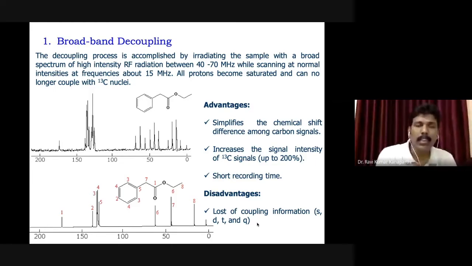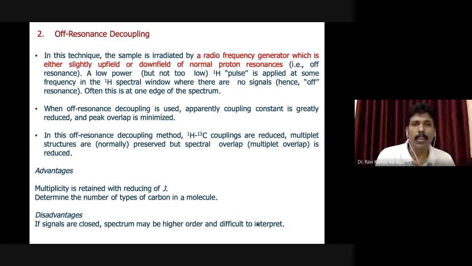So the other technique is the off resonance decoupling technique, and as the name suggests, in this technique we use a radio frequency which is slightly away from, either downfield or upfield of, the frequency of a proton resonance signal.